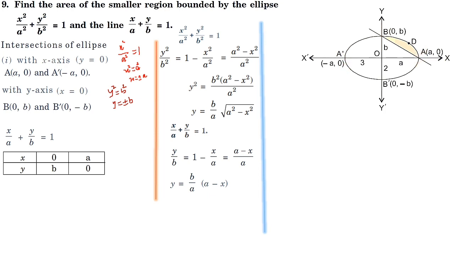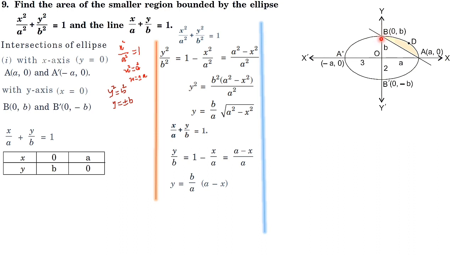So you can see here a,0 we have taken and minus a,0 also we have taken. Next is the intersection with the y-axis. It is 0,b and 0, minus b. You can see here 0,b and 0, minus b with the y-axis we have taken. Then what else? The points we need to plot for the line. So 0,b is one point. 0,b already we have assigned here for the ellipse.